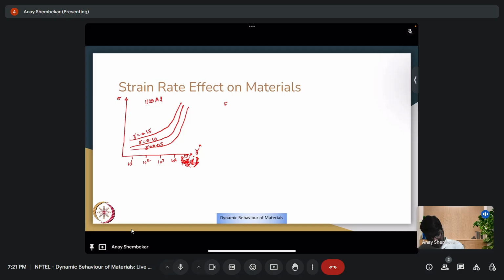We see in this plot that when shear strain rate is larger than say 10 to the power 4 or 10 to the power 5 second inverse, the stress increases rapidly.